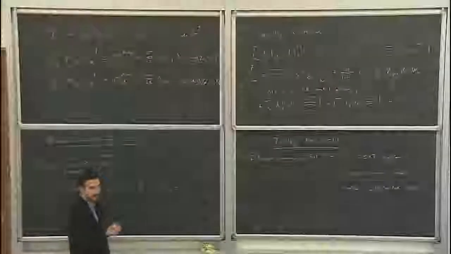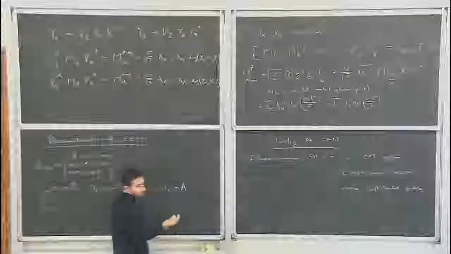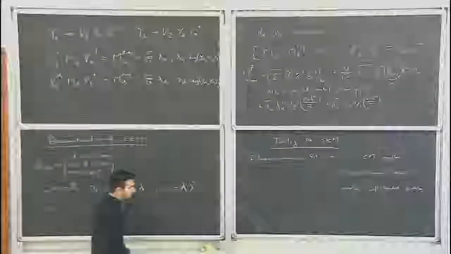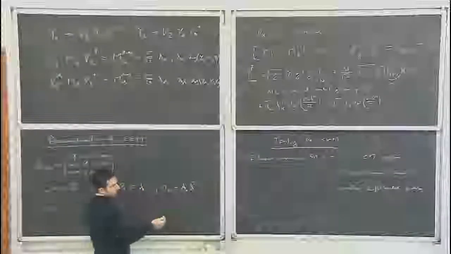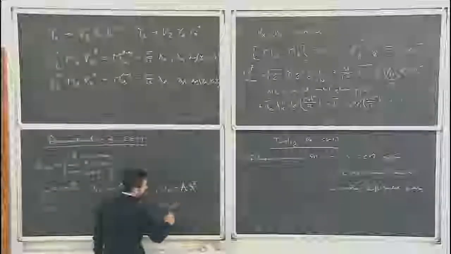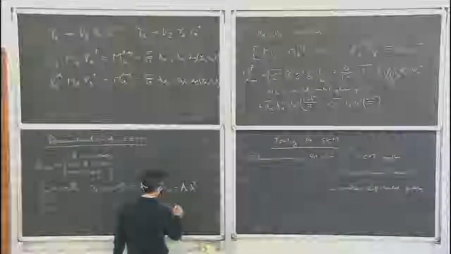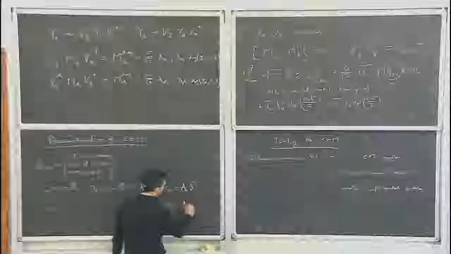Similarly, S23 we define as order lambda squared, but of course it will not be exactly lambda squared, but some parameter times lambda squared. So it's some parameter which is in principle order 1 times lambda squared. And then finally S13, which I told you should be of order lambda cubed, is defined as being A times lambda cubed.